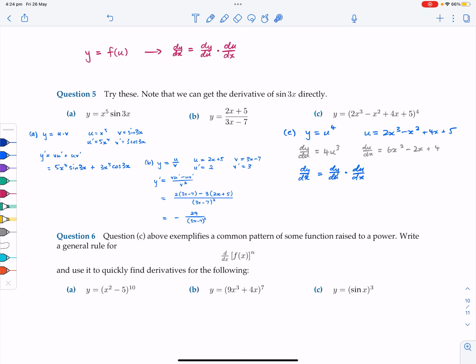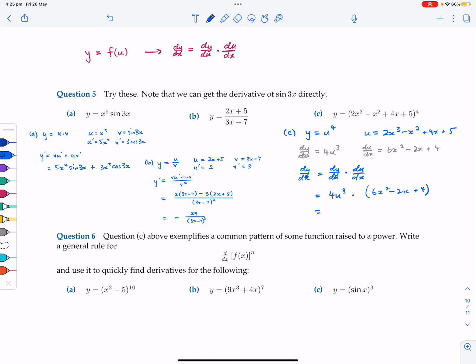Just want to make a comment here. We're going to be using the chain rule quite a lot in an extension part of this topic, and the letters will typically not be y and x. So we've got to get comfortable with the structure of the rule and just using it carefully and correctly. So dy/du is 4u cubed, and du/dx is 6x squared minus 2x plus 4, right?